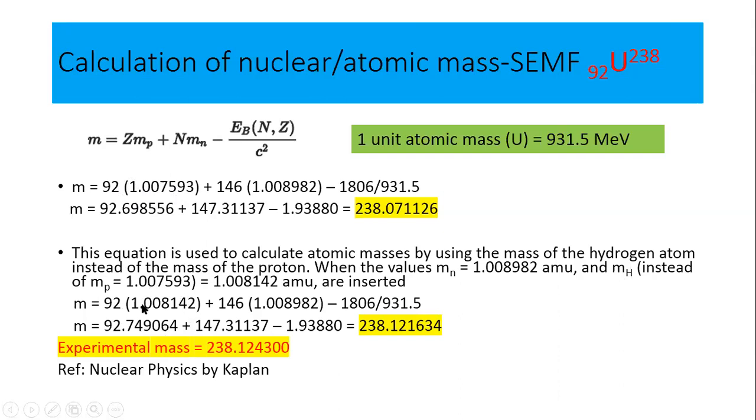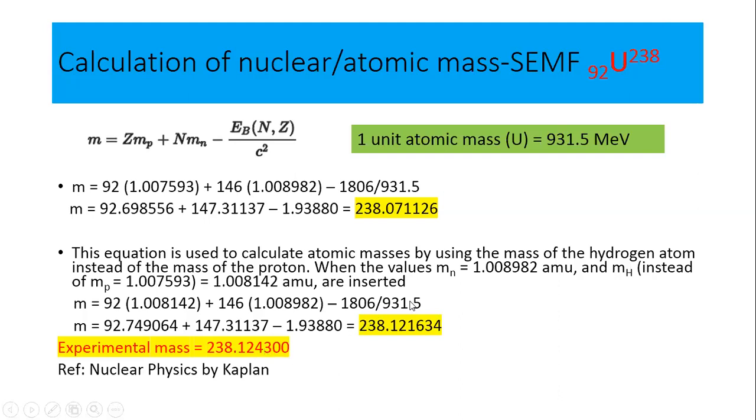So I'm putting the mass as in the case of hydrogen, because it is also a proton. Then everything else will remain the same, and the value of this calculation will be 238.121634 unified atomic mass unit. The experimental value is 238.124.